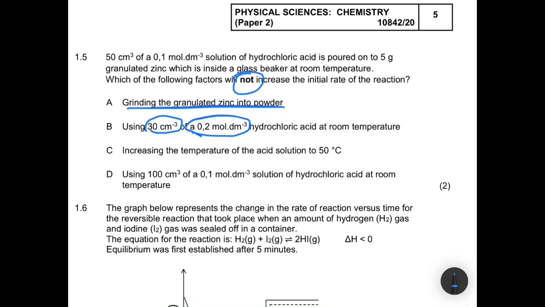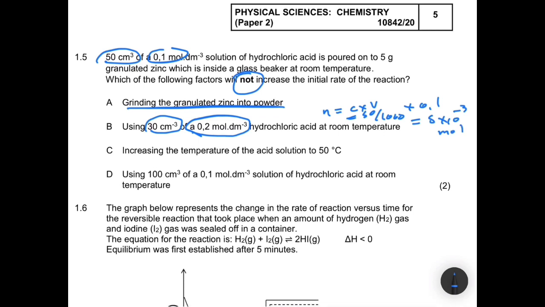Initially, for hydrochloric acid, we had 50 cm³ and 0.1 mol/dm³ concentration. So let's find the number of moles there. The number of moles is equal to the concentration multiplied by the volume. So that will be 50 divided by 1000 multiplied by 0.1. And that is 5 × 10^-3 moles, right?